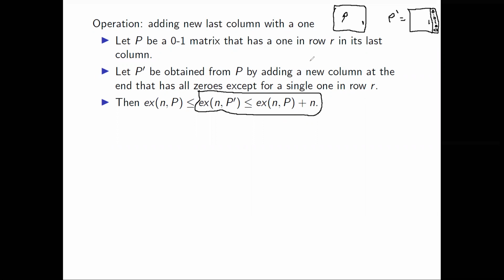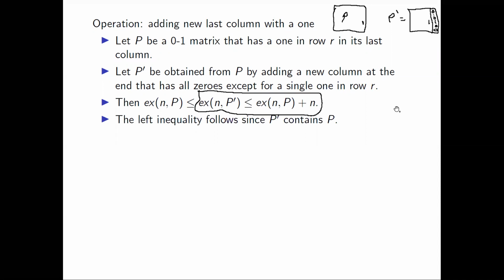So let's start out by quickly discussing why the left side's true. The left side is immediate from a fact that we discussed earlier, and that's the fact that if we have some 0-1 matrix Q that contains another 0-1 matrix P, then EX of n, P is less than or equal to EX of n, Q. In this case, the P prime that we constructed contains P. So EX of n, P is less than or equal to EX of n, P prime.